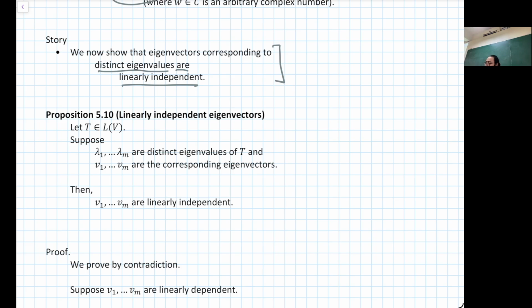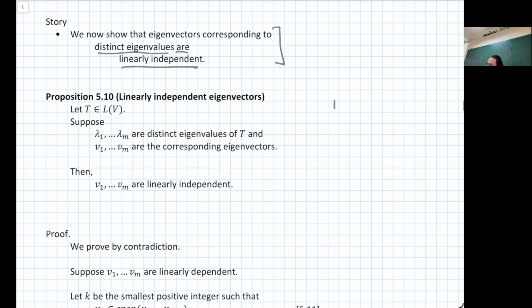So formally, how do we write the statement? Let T be some linear operator, and suppose lambda 1 to lambda m are distinct eigenvalues of T. And suppose v1 to vm are the corresponding eigenvectors.